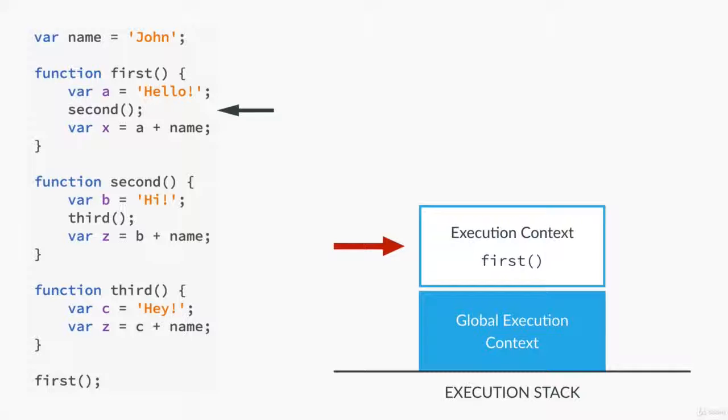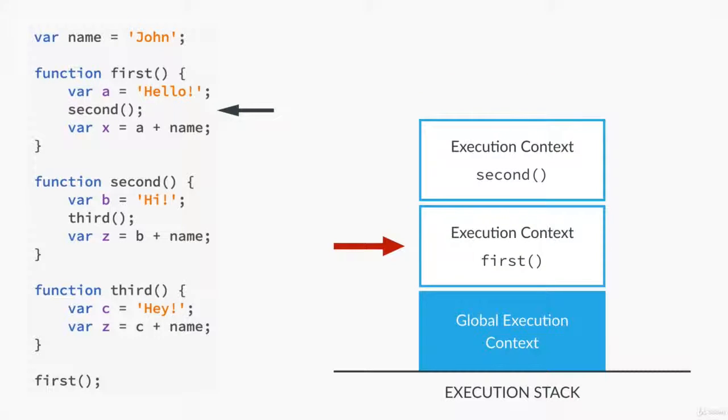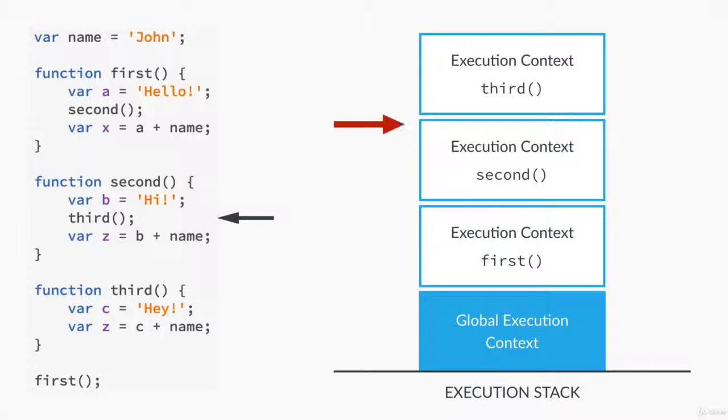So once again, a new execution context will be created and put on top of the execution stack. And here we go, this is now the active context. Okay, so now variable b is stored in this new execution context. And now we call the third function. And once more, a new execution context is created and put on top of the stack, as we already know.